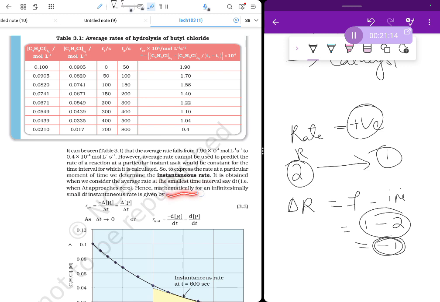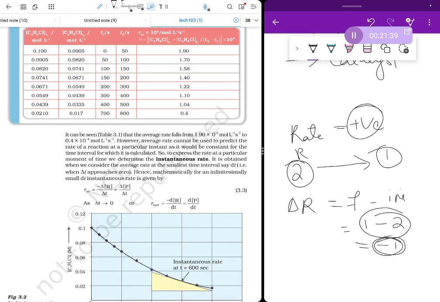Hence mathematically, for an infinitesimally small dt, instantaneous rate is given by r average equals minus delta r by delta t equals delta p by delta t. Why is it equated? Because the rate of the reaction, whether with respect to the reactant or with respect to the product, should be the same. That is why it is equated. As delta t approaches 0, r instantaneous is equal to minus dr by dt.